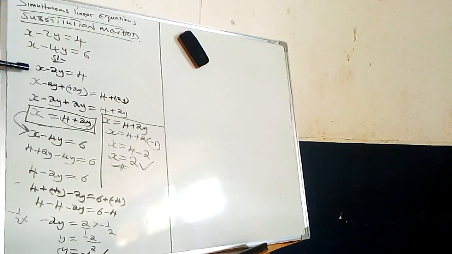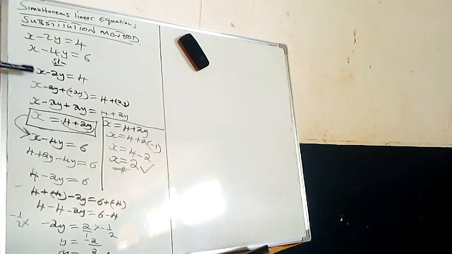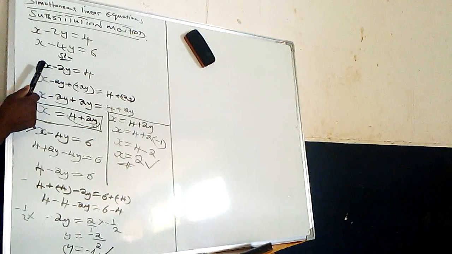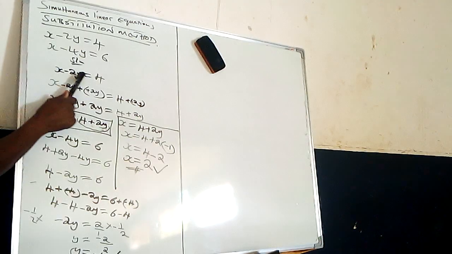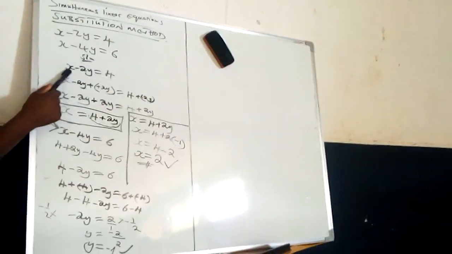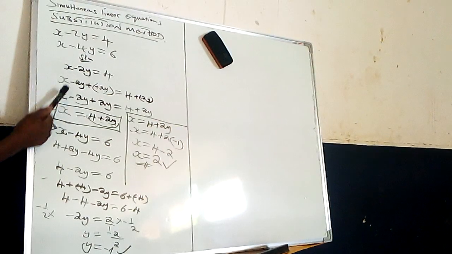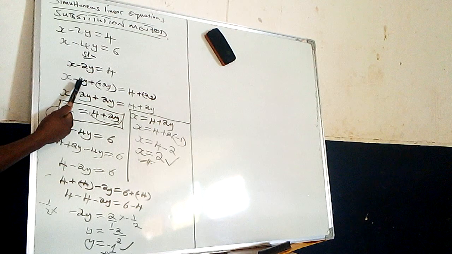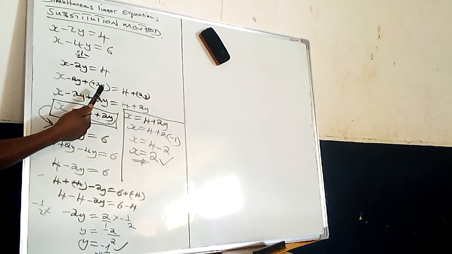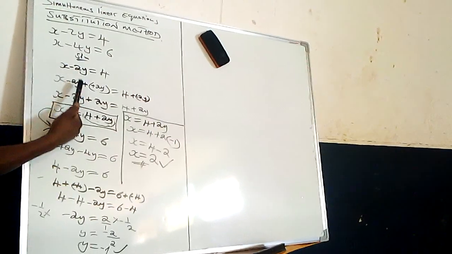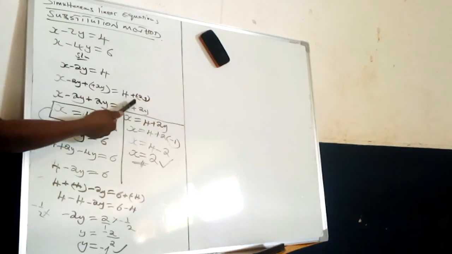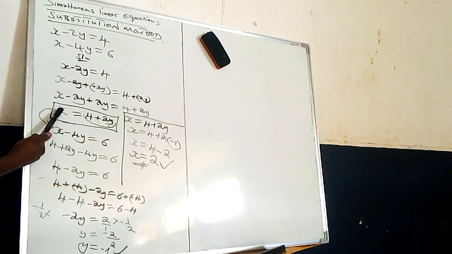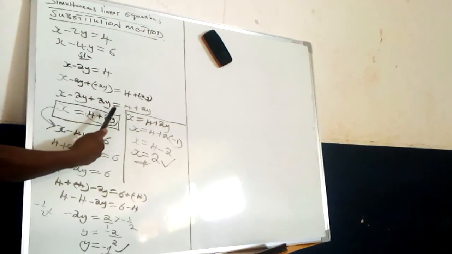In this case, we chose x to be the subject. So we had to remove the minus 2y on this side so that the x remains along this side. And that's what we did. We used the additive inverse of minus 2y, which is of course the positive 2y, to get rid of the negative 2y on this side, and we did the same on the other side. And of course we arrived at x is equal to 4 plus 2y.